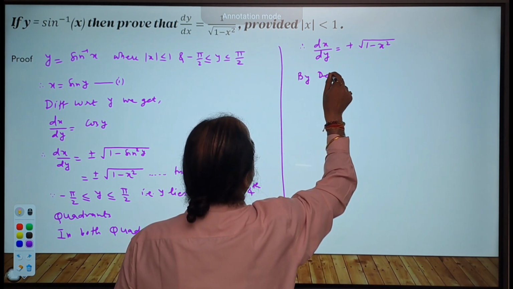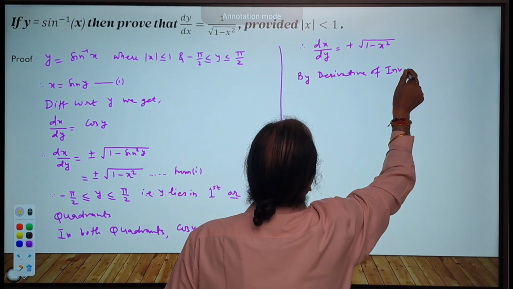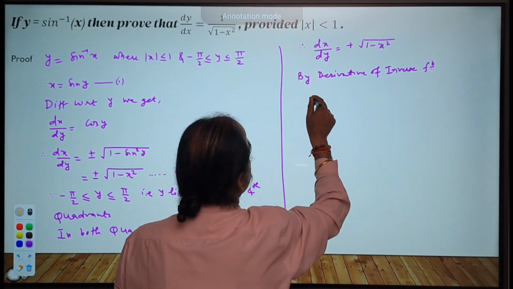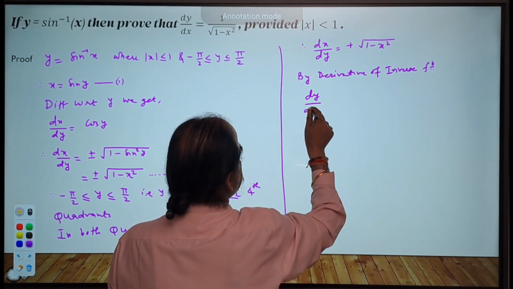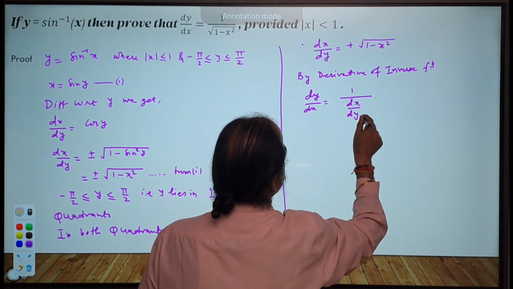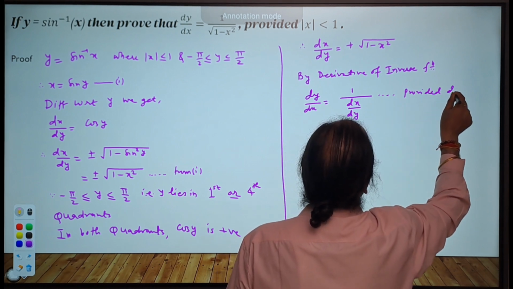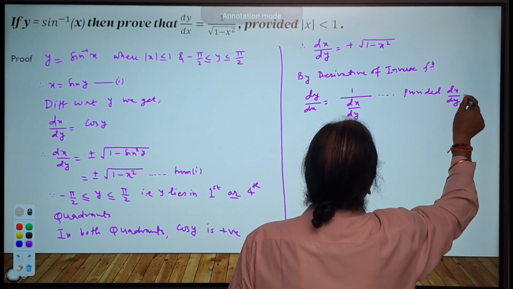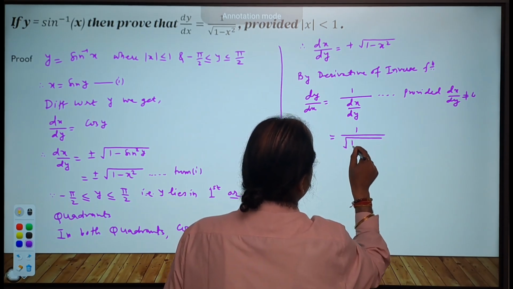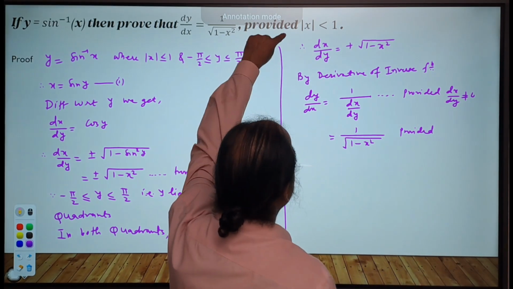By derivative of inverse function, dy by dx is what? 1 upon dx by dy, which is 1 upon root 1 minus x square, provided here modulus x is what?